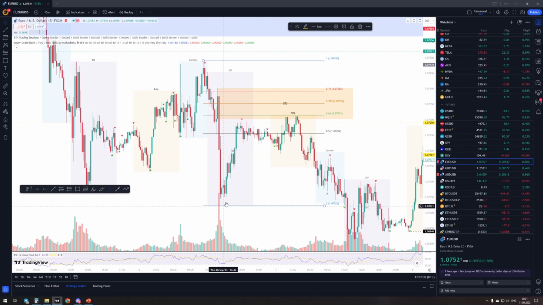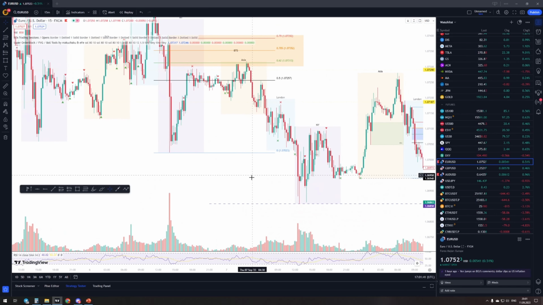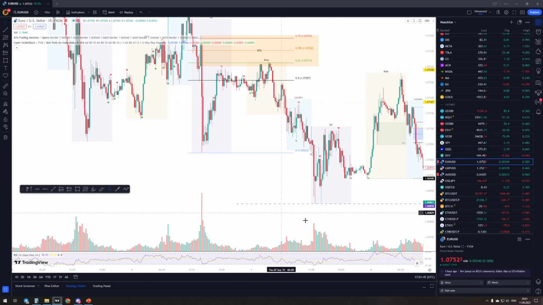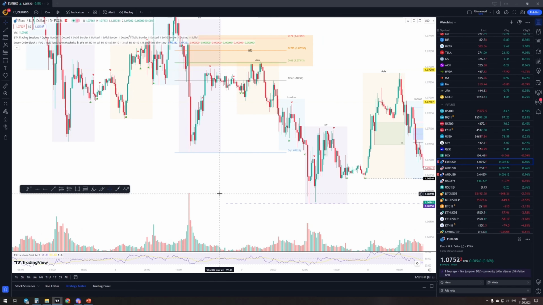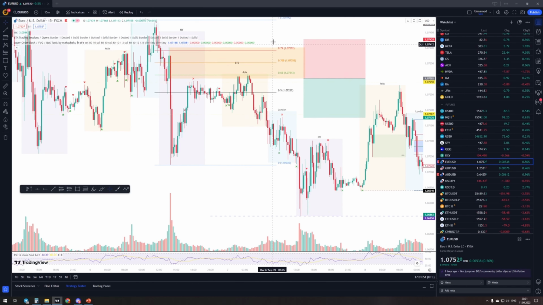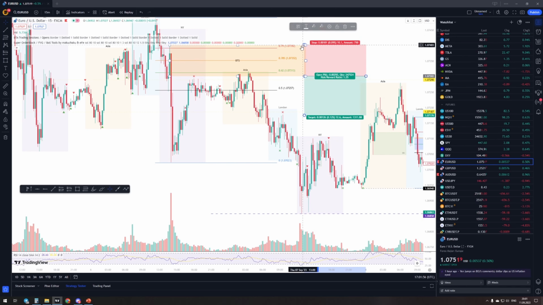Price slowly goes to this manipulation. We close this long position, and price goes lower to the next liquidity pool. In this case, it was the weekly low, and as you can see, we went down almost 1%, if I'm not mistaken.